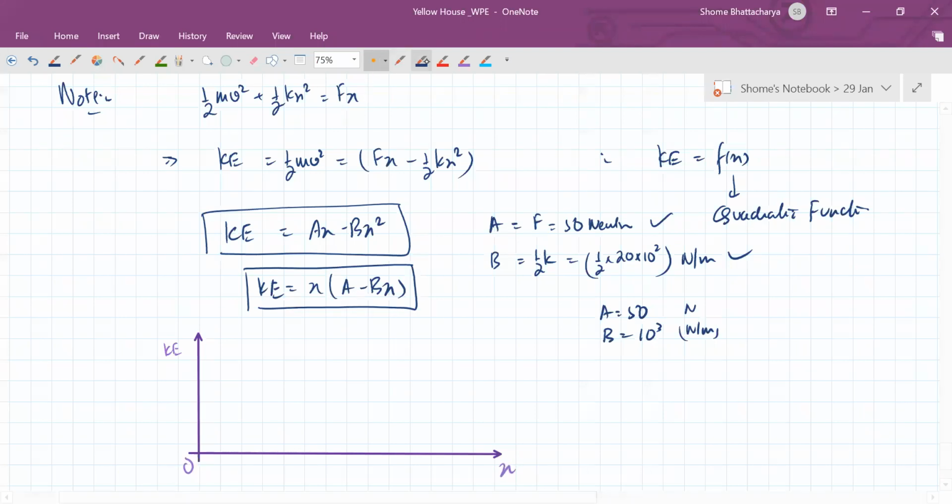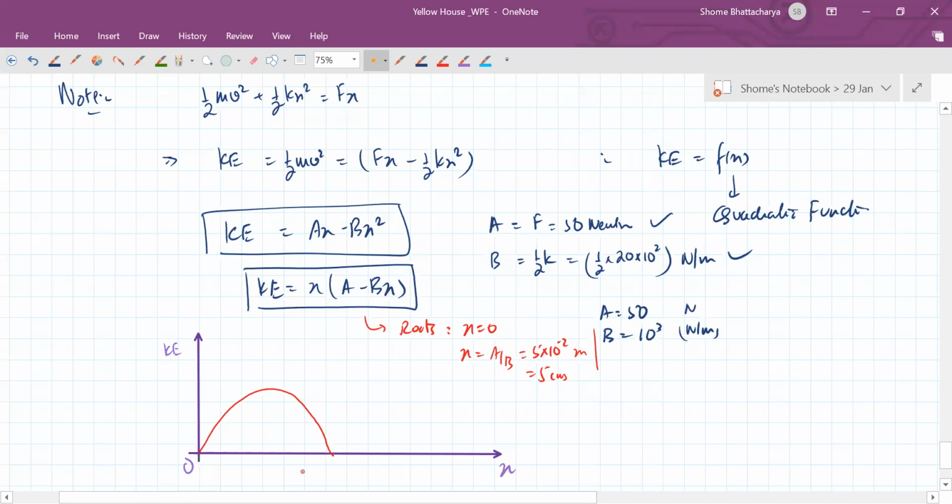It is a parabola which has two roots. You can see roots are x equal to 0 and x equal to a by b, which is 5 into 10 raised power minus 2 meters or 5 centimeters.